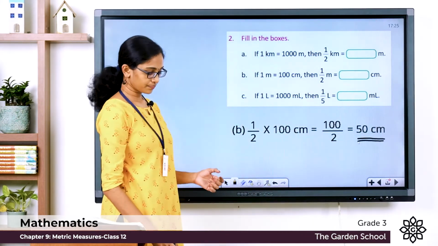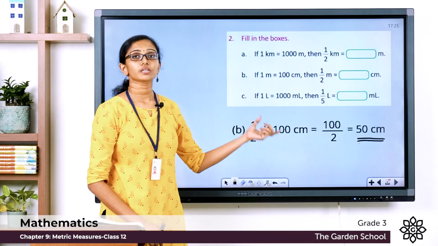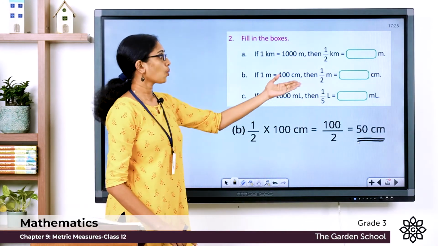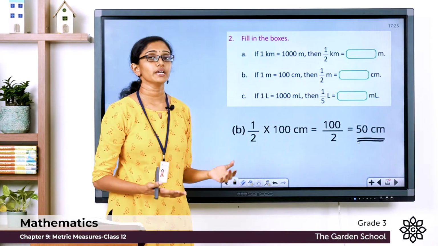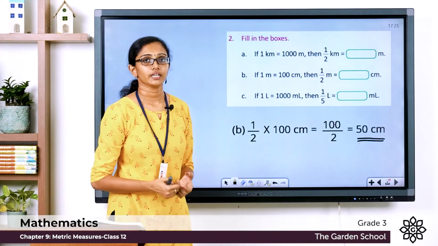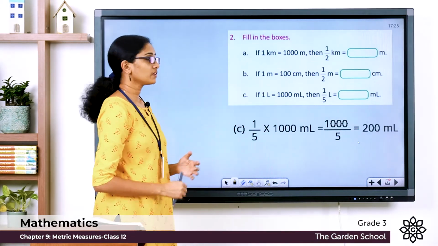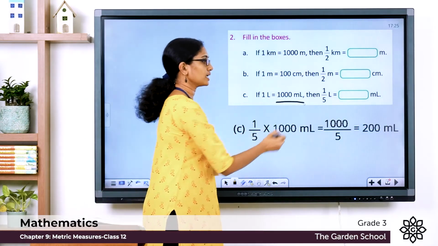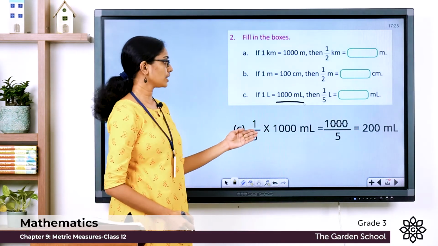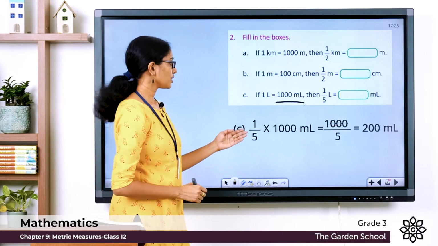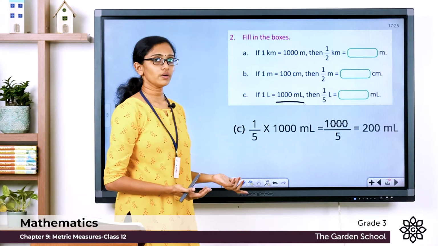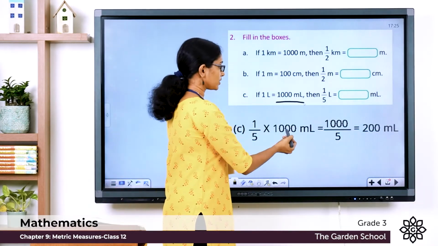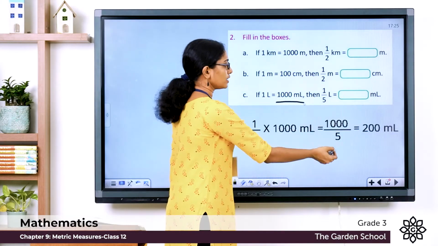Now the next one, 1 liter is equal to 1000 milliliter, then 1 by 5 liters, which means 1/5 of a liter. How do we find that? So 1/5 of a liter is equal to 1/5 of 1000 milliliters, which is equal to 1 into 1000 by 5. It is equal to 1 into 1000 divided by 5.